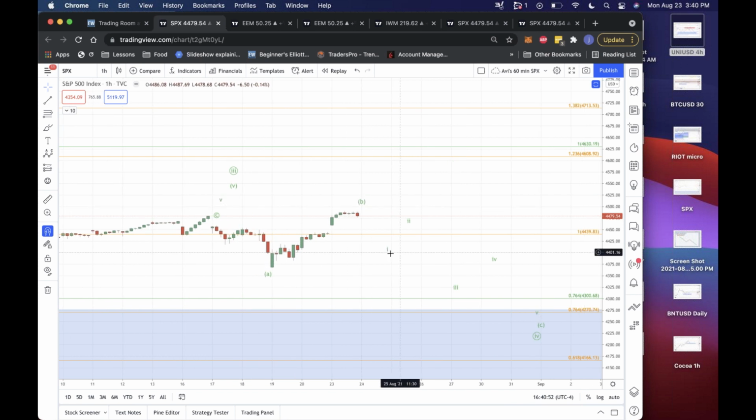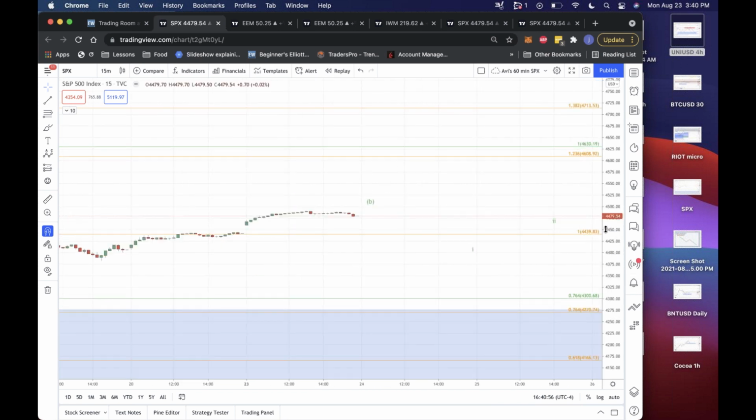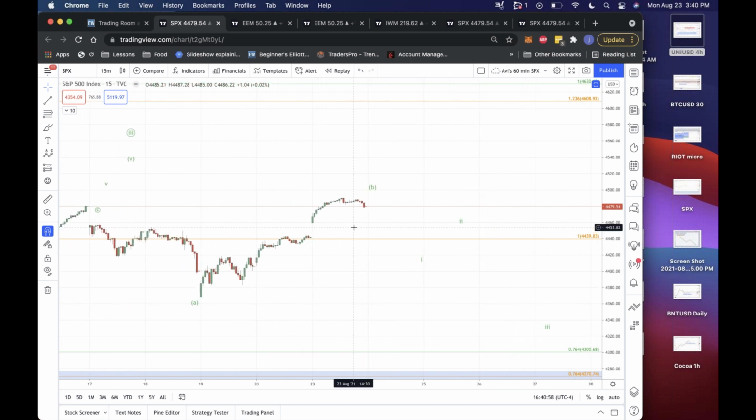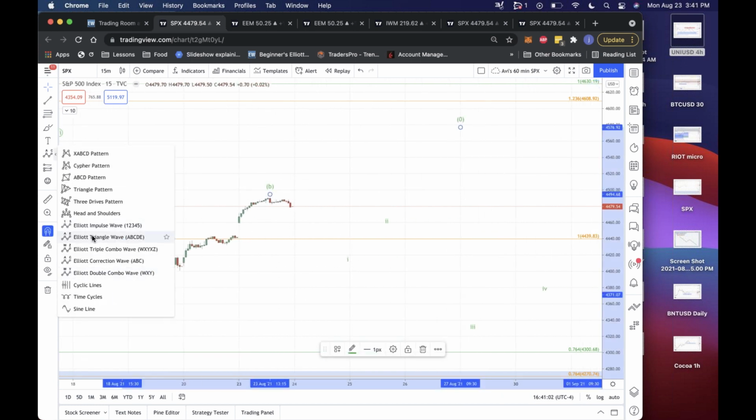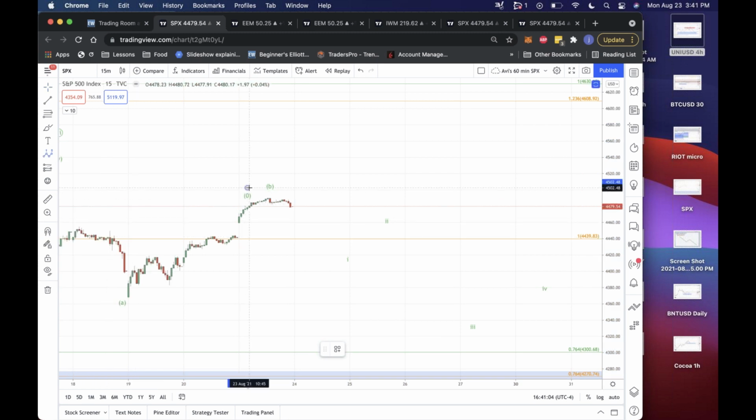And we want to get a micro 5-wave move. If I were to zoom in, for example, we'd want to see something like this develop.